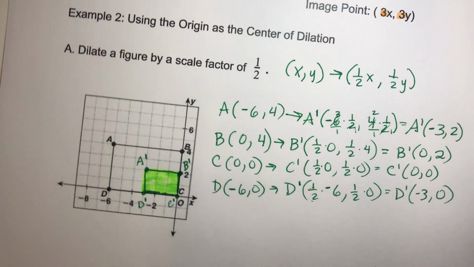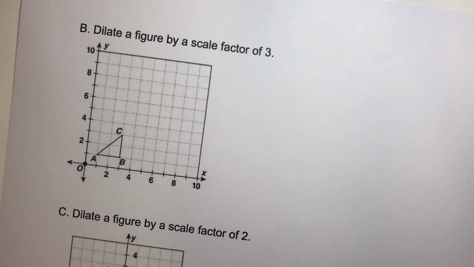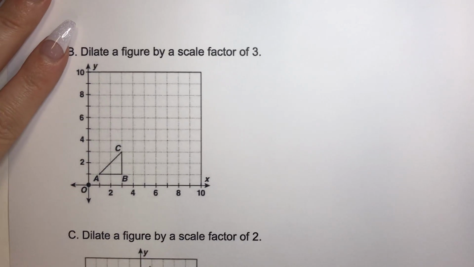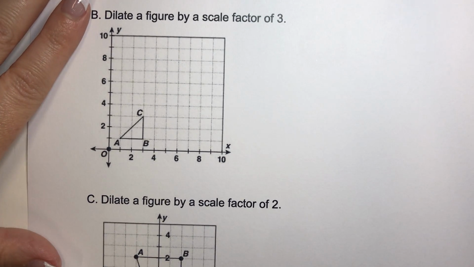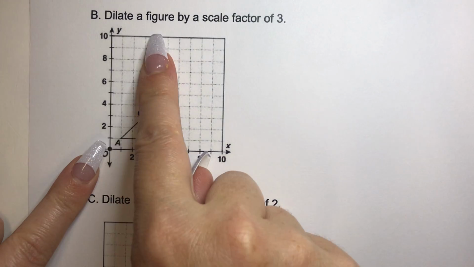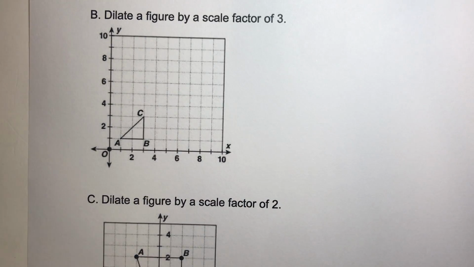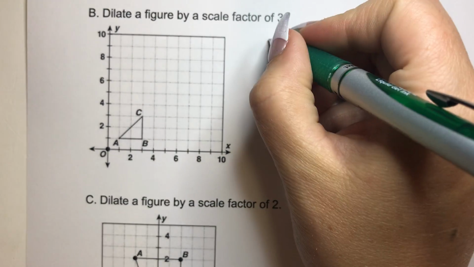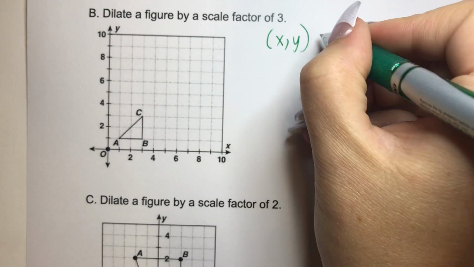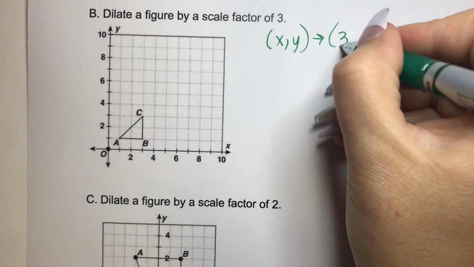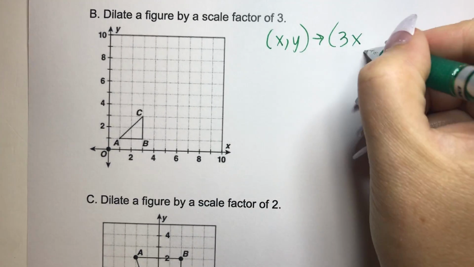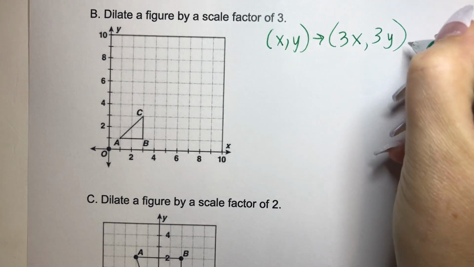All right, so let's look at a different example, example B. Okay, we have this lovely triangle, and it says dilate the figure by a scale factor of 3. So if we do that, we start with the points x, y, and then they dilate by 3, which means we multiply 3 times the x part, and we multiply 3 by the y part.